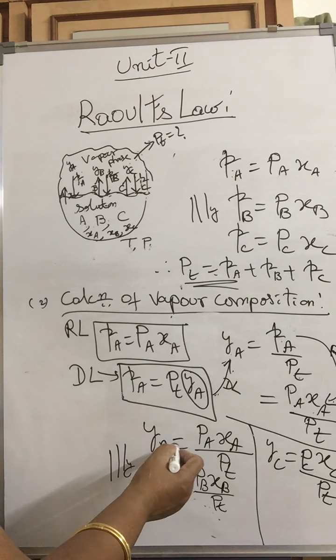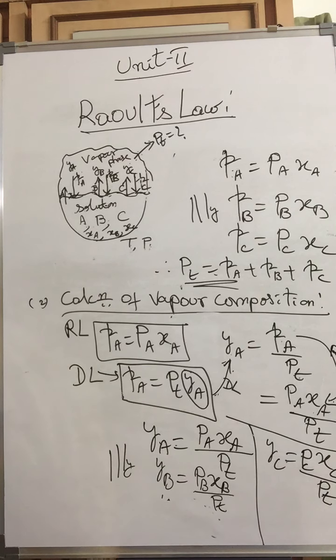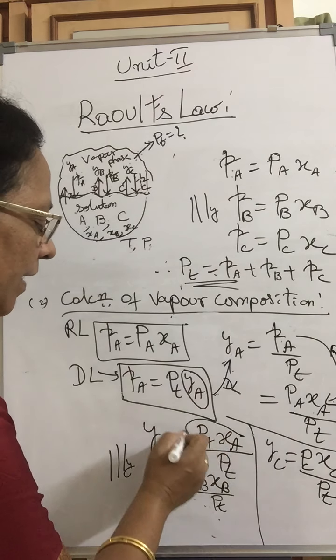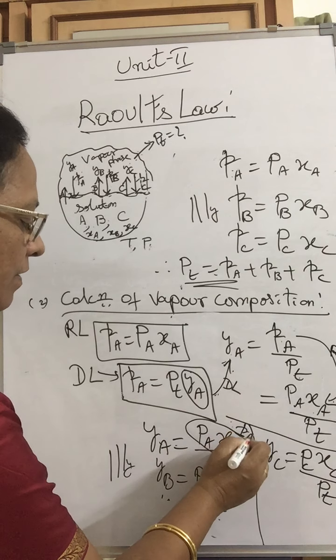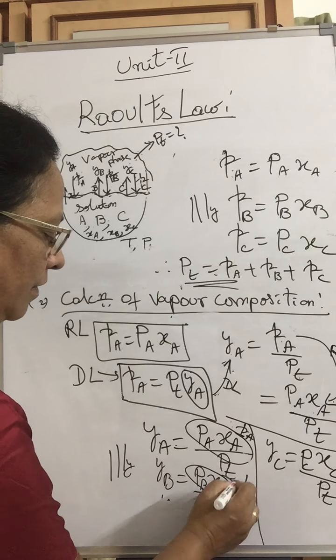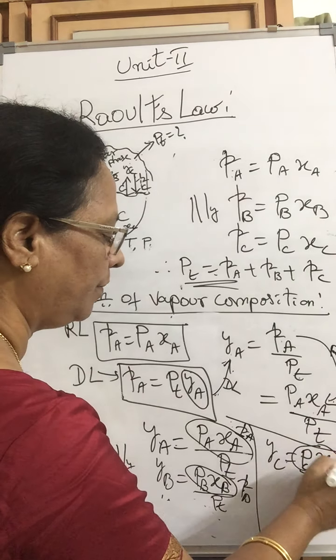Like this you can calculate YA, YB and YC. This is nothing but partial pressure, already we calculated here. This is PA, this is PB and this is PC.